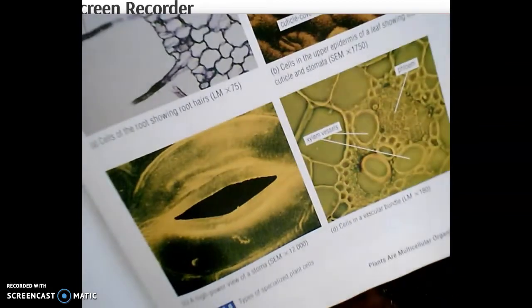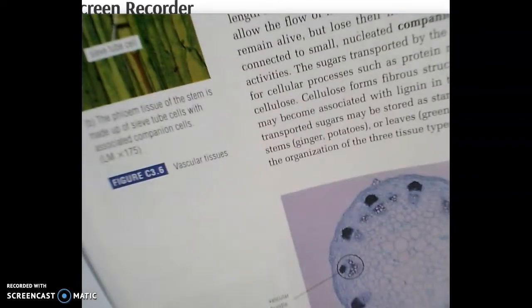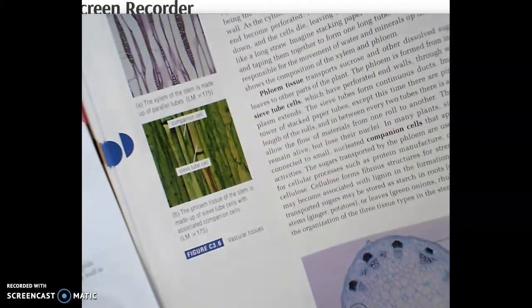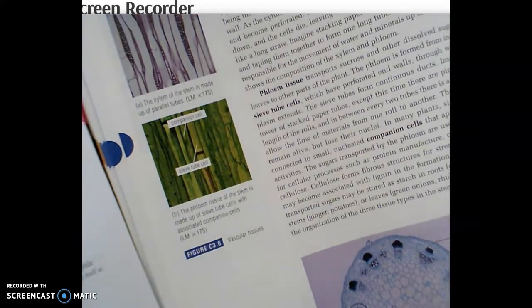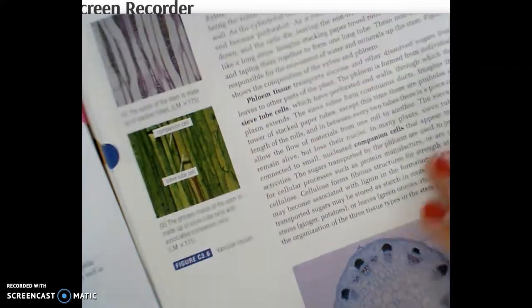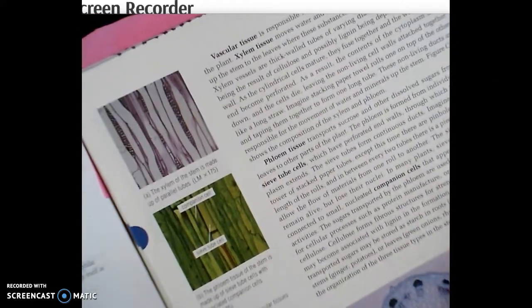Okay, another picture of your xylem and phloem. Let's go back over here to this page. Same vascular tissue again. And we have our vascular system. How I remember that is cardiovascular, right?